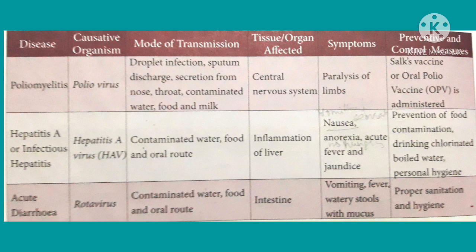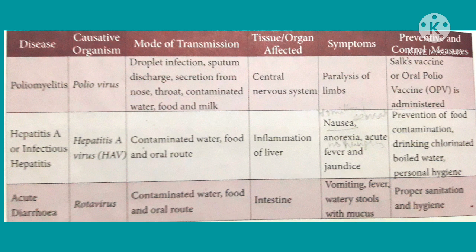Okay. Next one, disease: acute diarrhea. Causative organism: rotavirus. Mode of transmission: contaminated water, food and oral route.